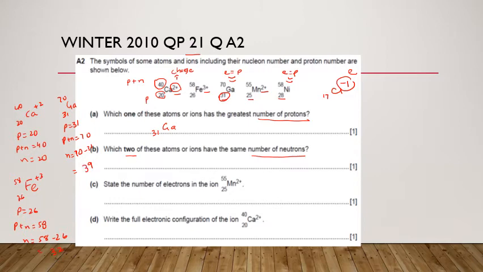Then manganese, which has a charge of plus 2. It says 25 and 55. So the number of protons is 25, and the number of neutrons would be 55 minus 25, which is 30.